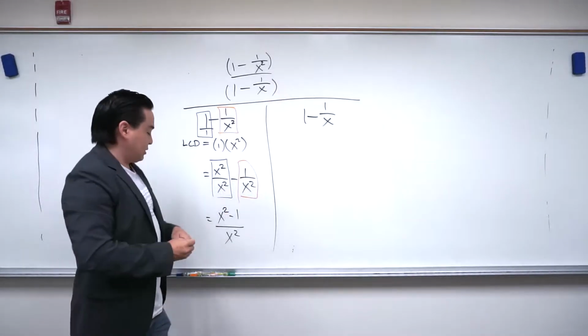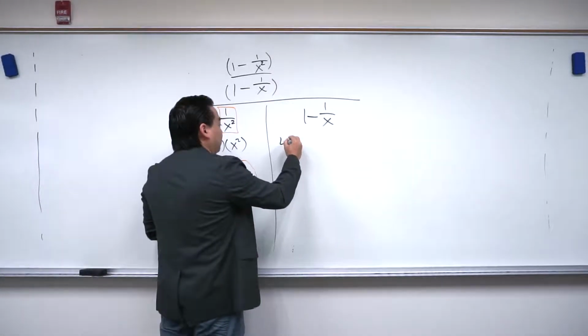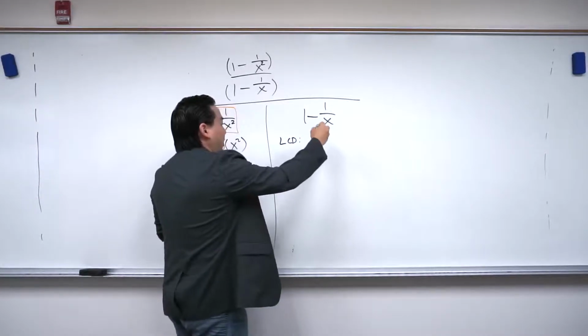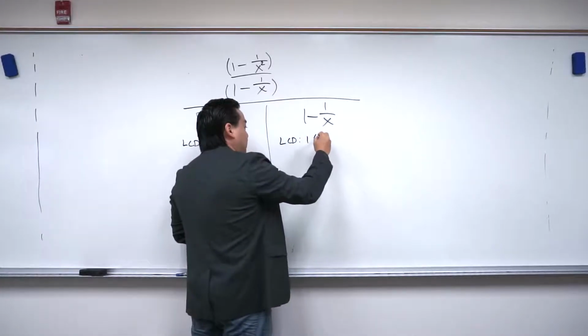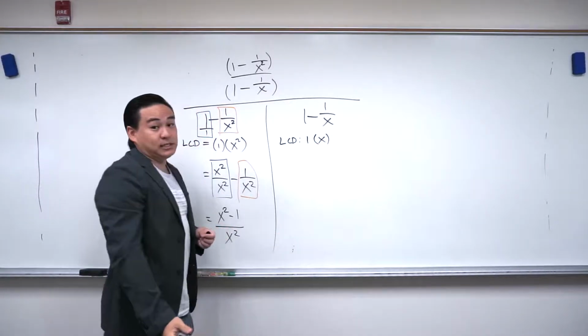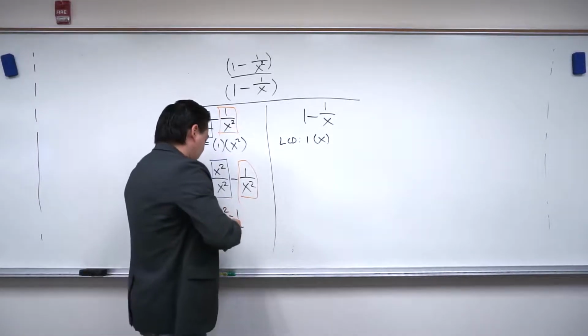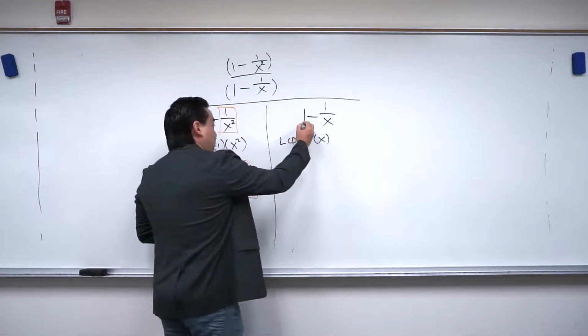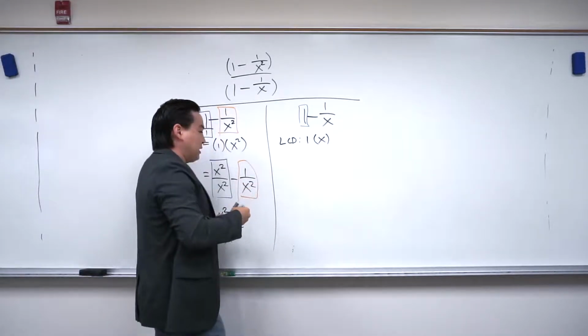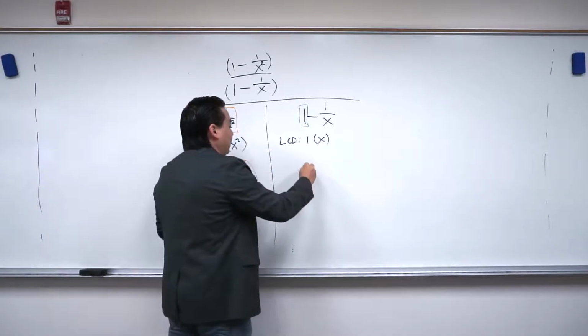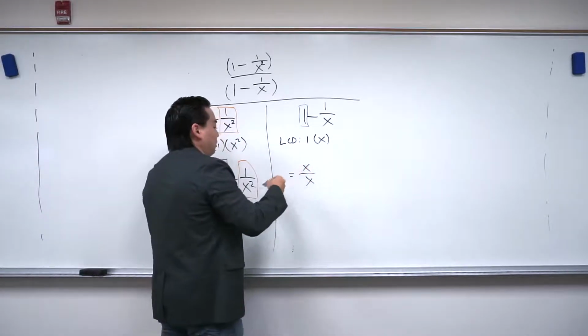The second one, let's do the same thing. The LCD is given by 1 times x, so just x itself. The first one here is missing the x, so we get x over x.